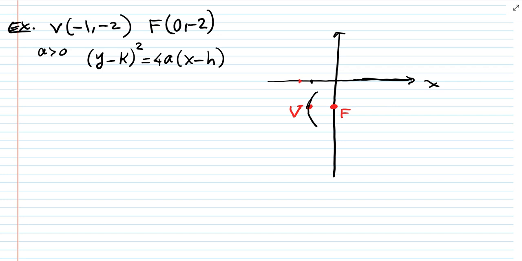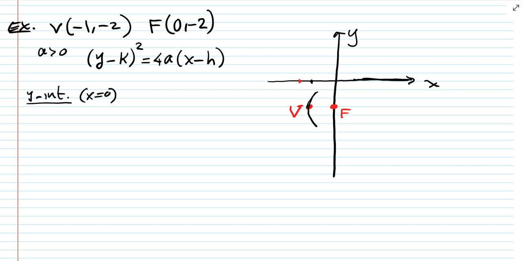Now, I know that this parabola is going to cross the y-axis. The question is, is it going to cross it here, here, here? At what point? So I need to find the y-intercepts. The x-intercept for this one doesn't matter. Let's do the y-intercepts. The y-intercept is when x is 0.